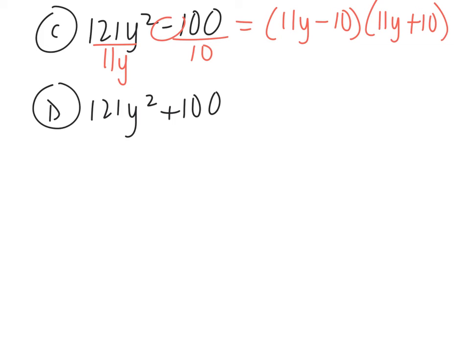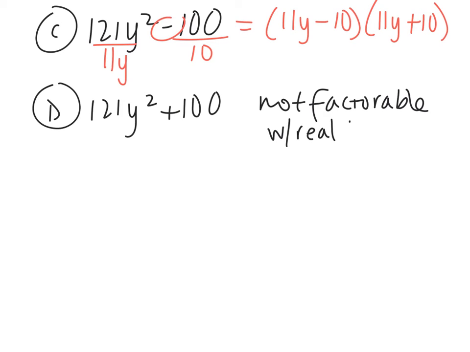It is doable with imaginary numbers, okay? But we won't be doing that yet, so this is not factorable with real numbers because of the plus sign. So just make sure that it is a difference of squares, not an addition of squares.